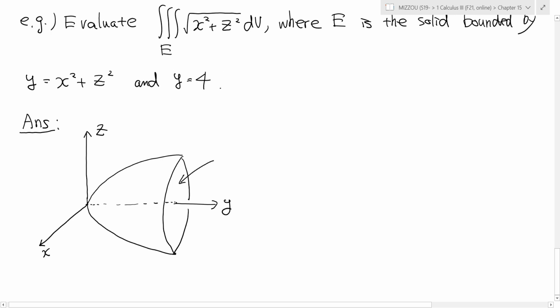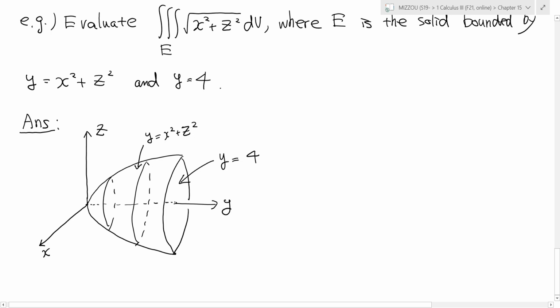And then y is equal to 4. It's just a plane perpendicular to the y-axis, so the y coordinate is 4 here. And this surface is y is equal to x squared plus z squared, a rotated parabola, like this.